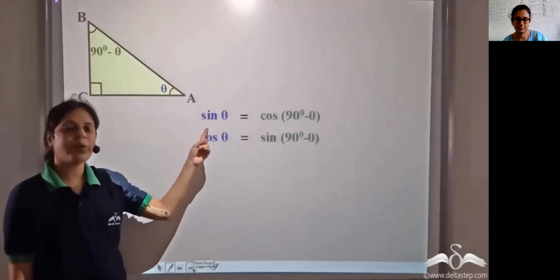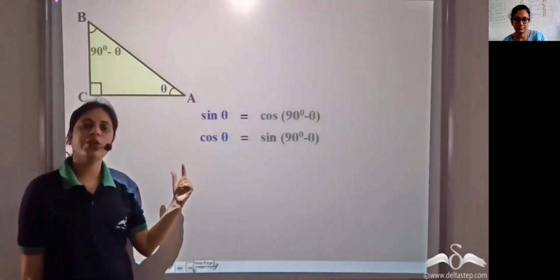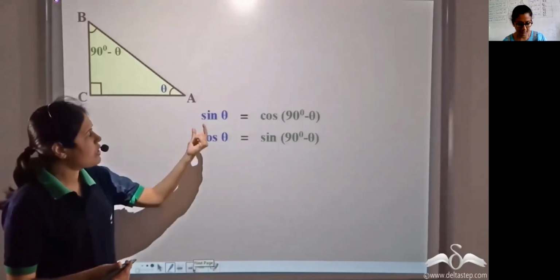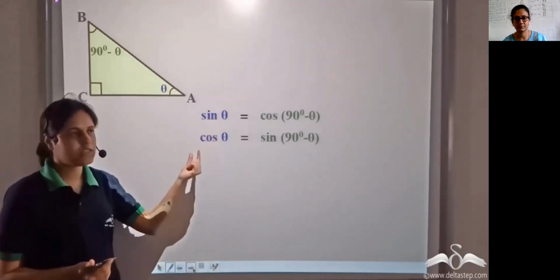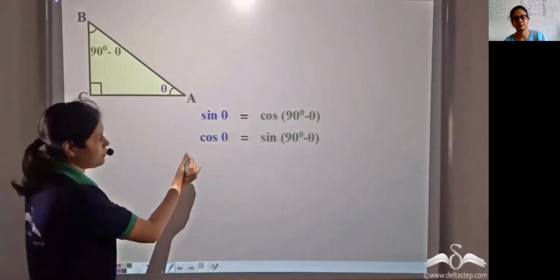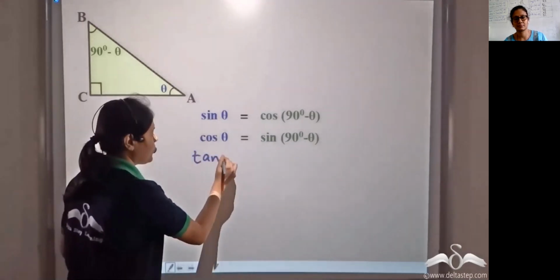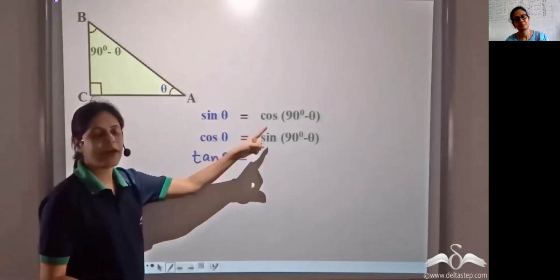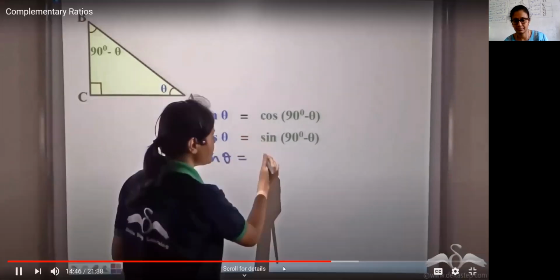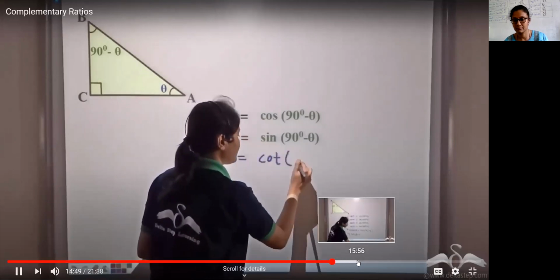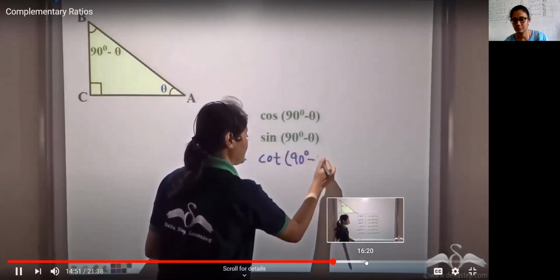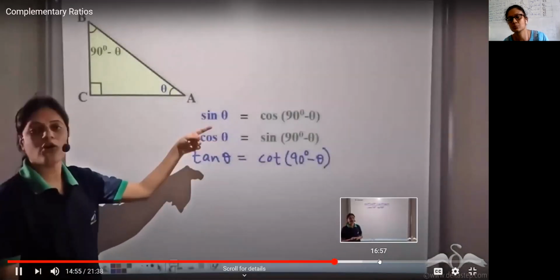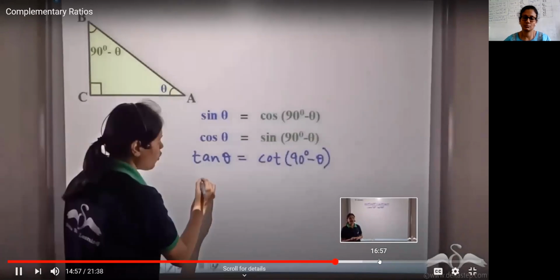Now, if you remember these two relations, then you can derive the remaining relations from these two. How? If you divide sine by cos, you get tan theta. And if you divide cos by sine, you get cot 90 degree minus theta. Similarly, if you divide cos by sine, you get cot theta.